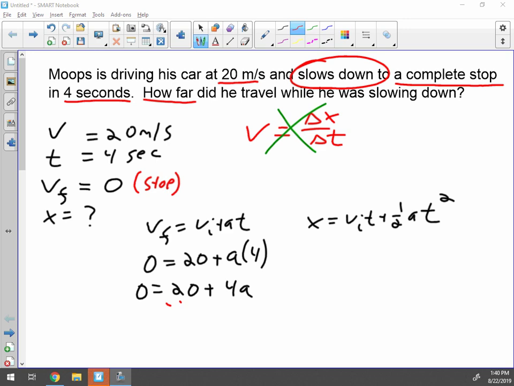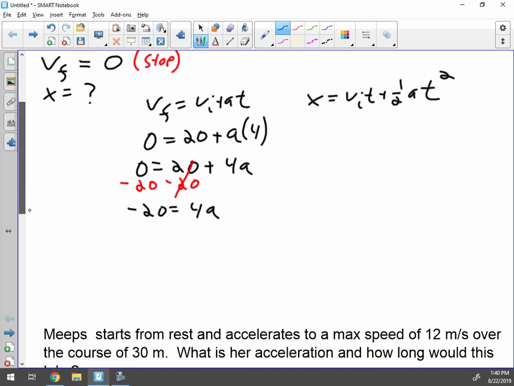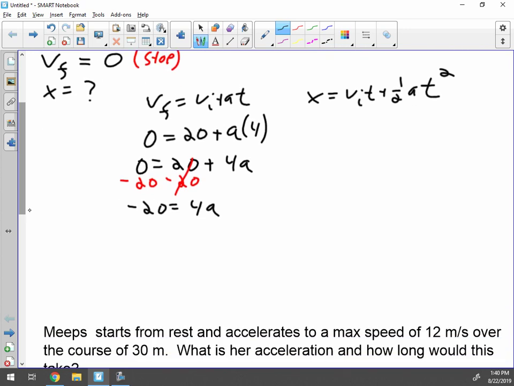To solve this, I'm going to subtract 20 from both sides, and I would have negative 20 equals 4a. So I can divide both sides by 4, and I get a is equal to negative 5 meters per second squared.